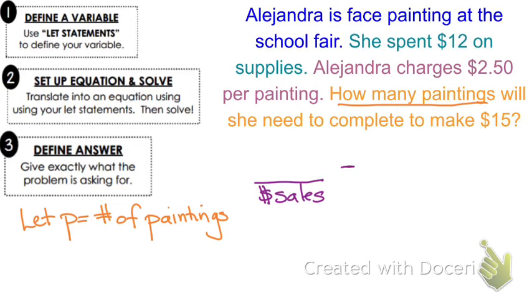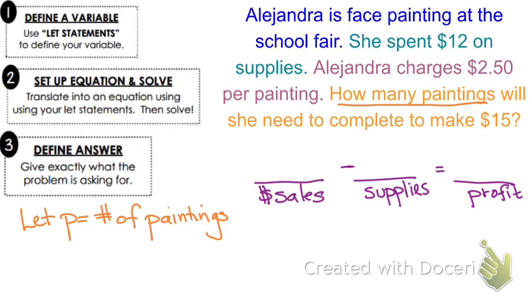So I'm going to subtract how much for supplies. So if I take the money that I'm making on the sales from these people, I subtract the money I had to pay for the face paint, then I will have calculated my profit, how much money I actually made and can put in the bank.